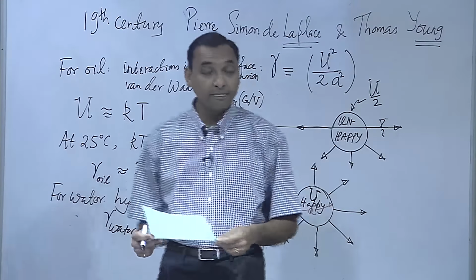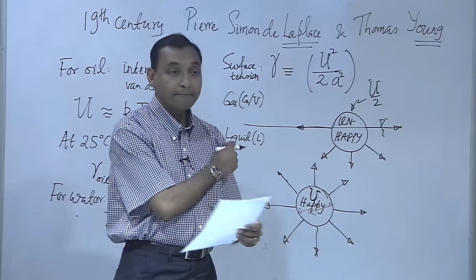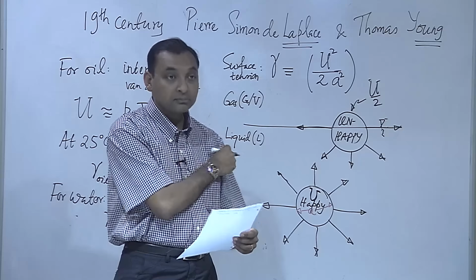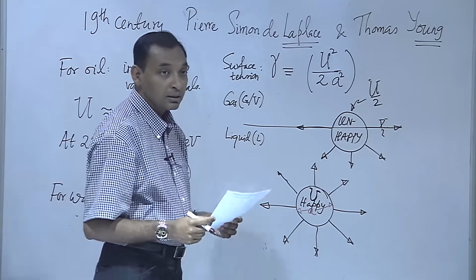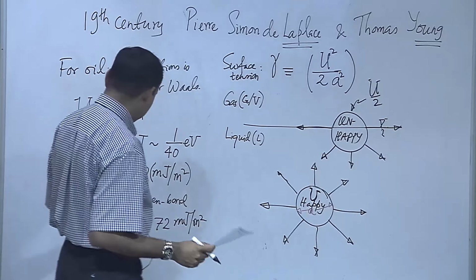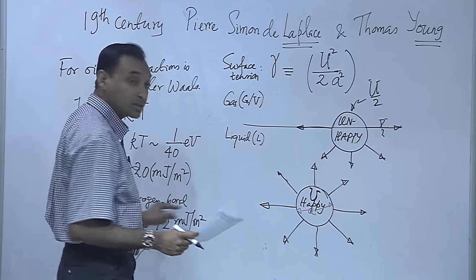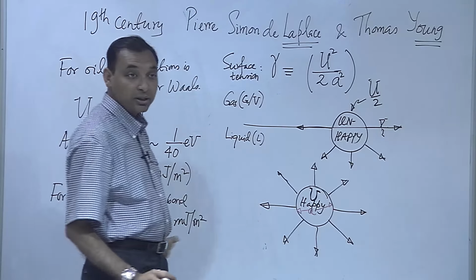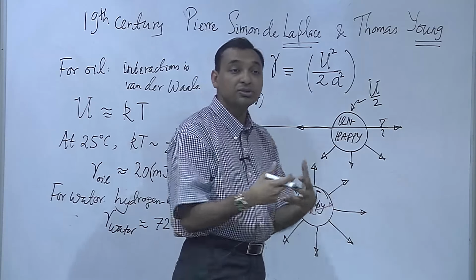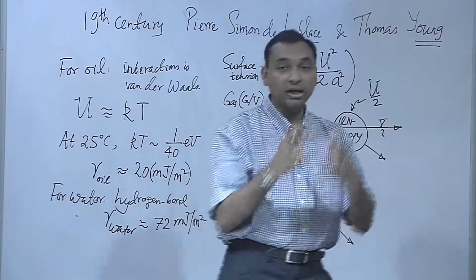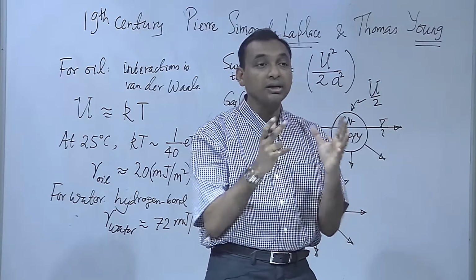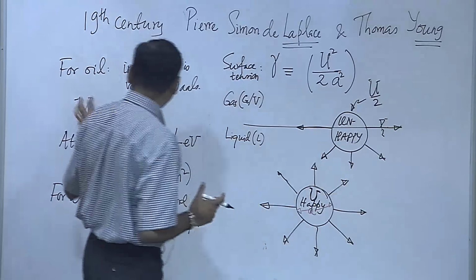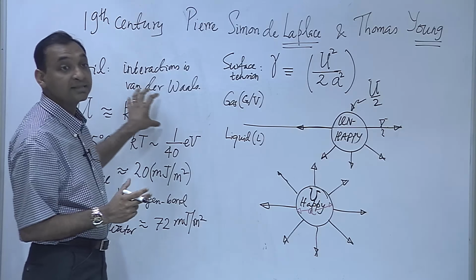Hydrogen bonding is not similar for all kinds of molecules. For example, the hydrogen bonding is something different than a hydrogen-oxygen bond. So how can we generalize the energy for a hydrogen bond in these cases? Here we are talking about the water molecule surface tension, where cohesion is through hydrogen bonding. In yesterday's lecture we said that amount of energy is close to 10 times kT, so my U scales as 10 kT.